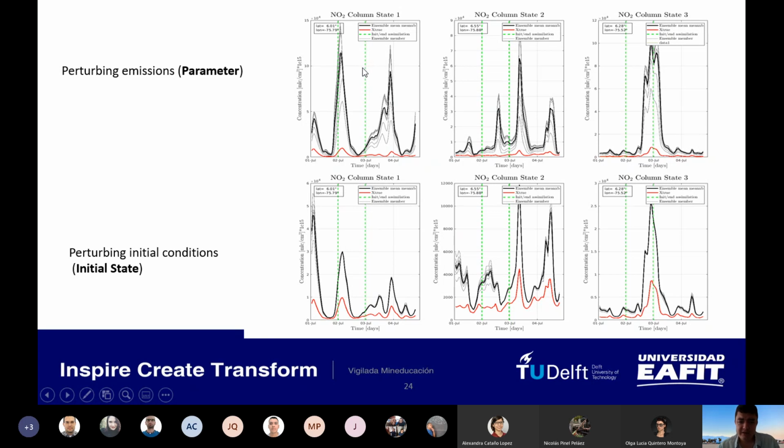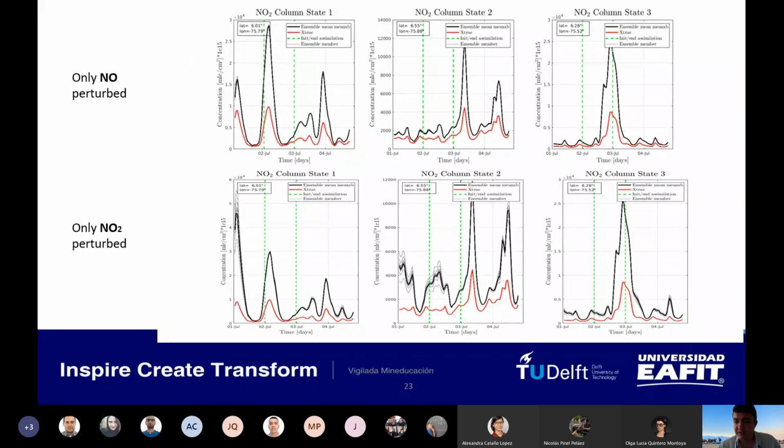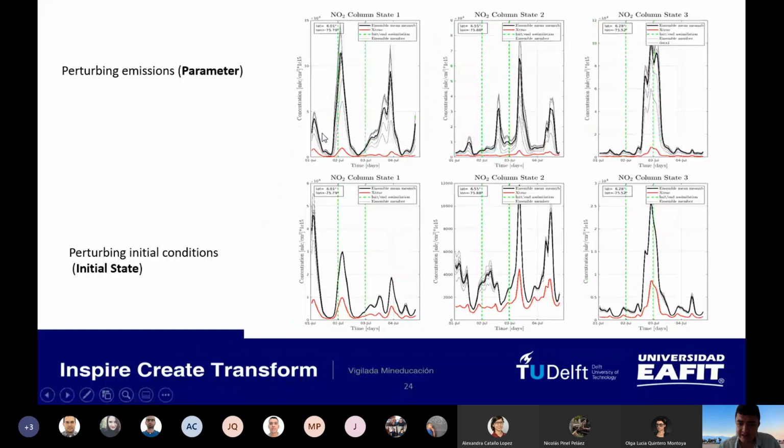That is an important thing, because we decided to continue working with the parameters. I started with the initial perturbation, but then I saw that it was better to work with the parameters because they generate ensemble spread during the process, and this could be interesting for the procedure because, as I mentioned, I'm using the ensemble to obtain information.